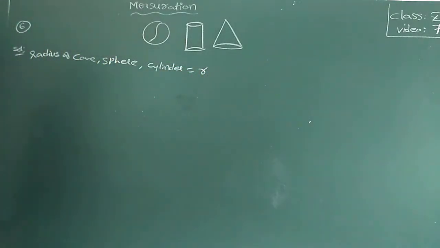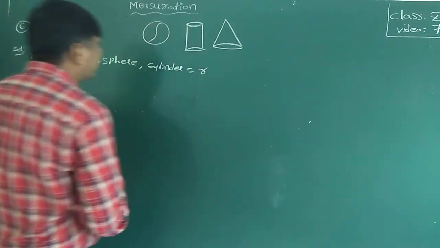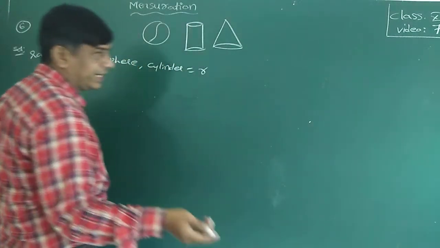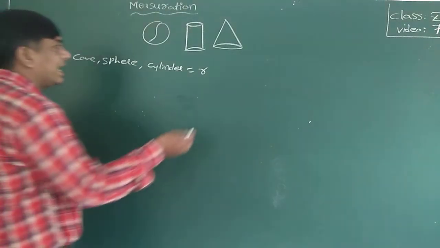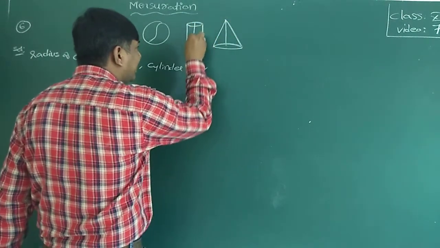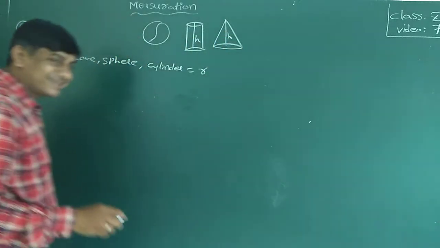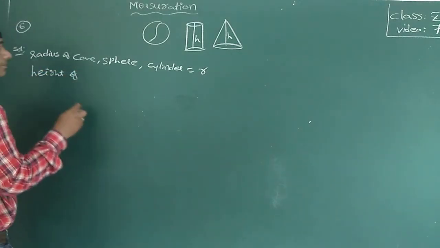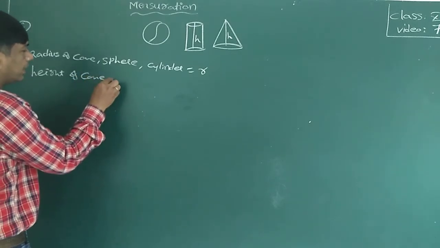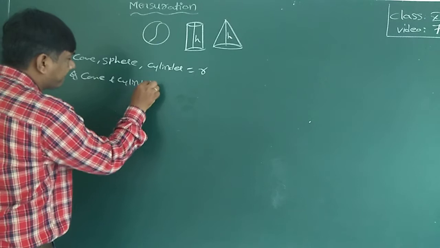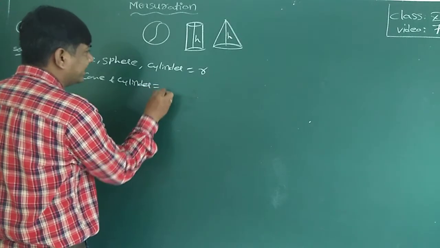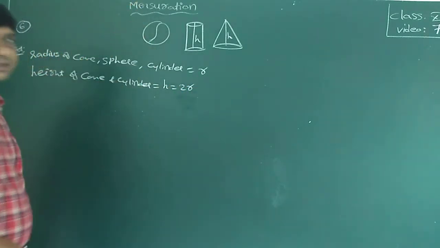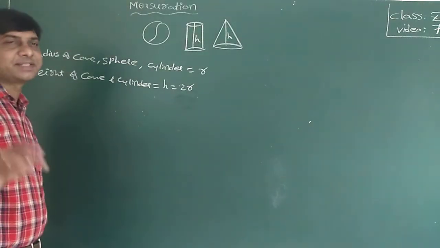Now the height of the cone and the height of the cylinder are the same, and you take it as the diameter, 2 times the radius, then only you will get the answer.